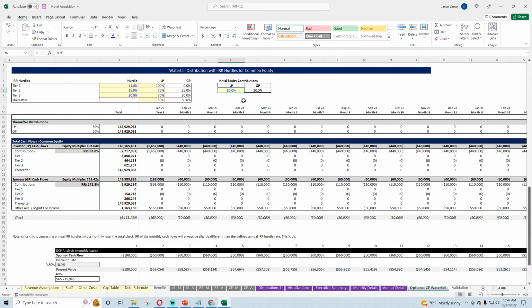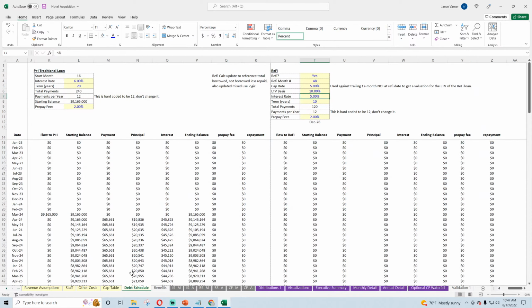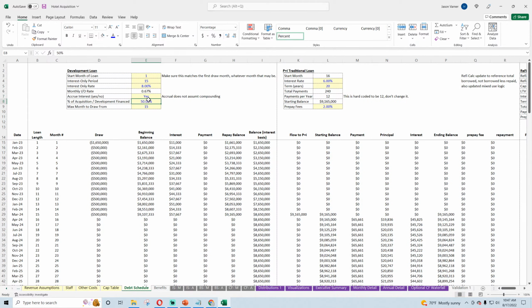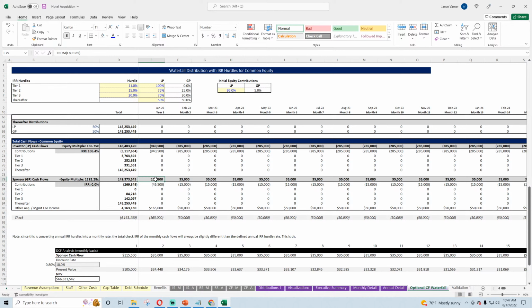And let's say it was 95/5, they don't here, but then let's say on the debt schedule, we're not going to finance, oh, we're only financing 50%. Well, that's probably actually going to be like 75/80. So that's going to even make it more positive.